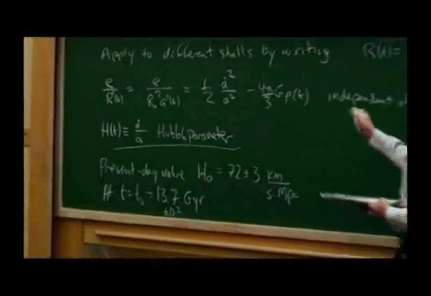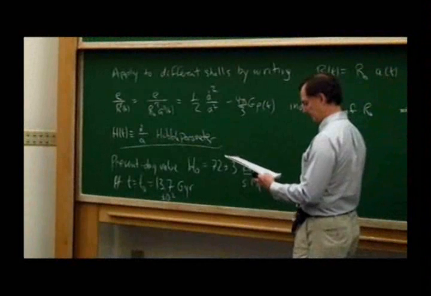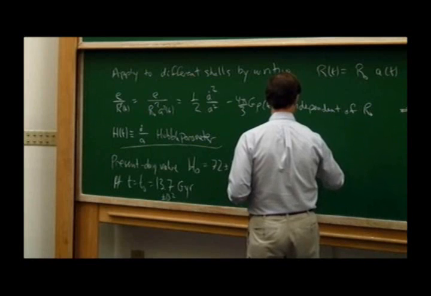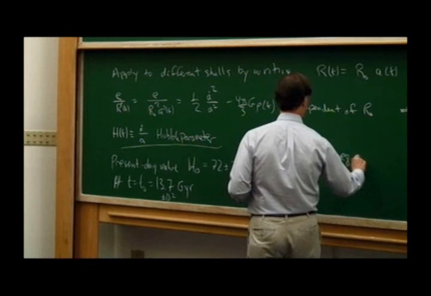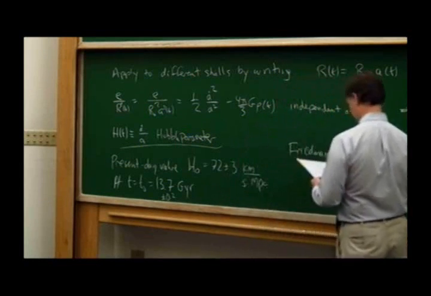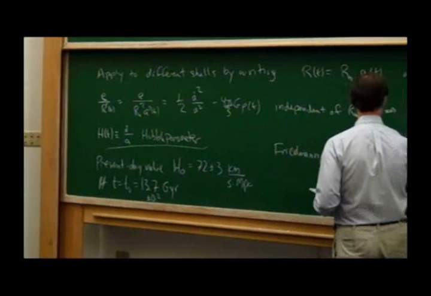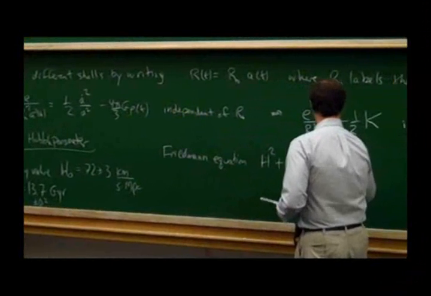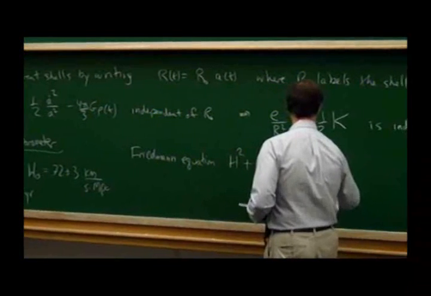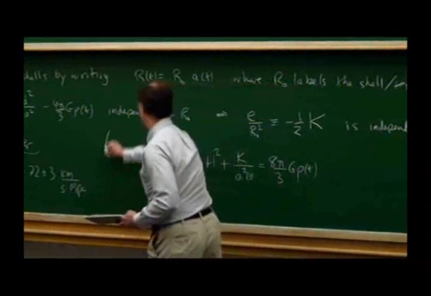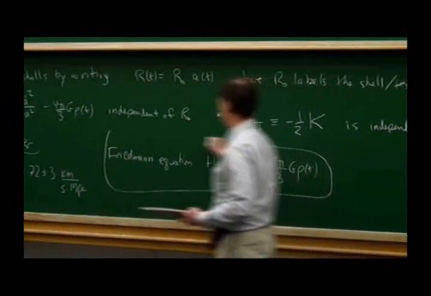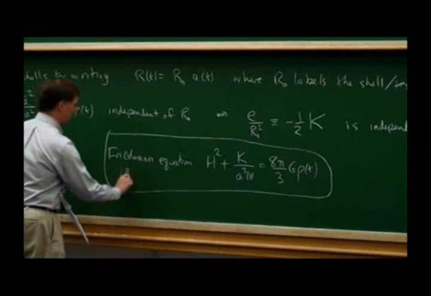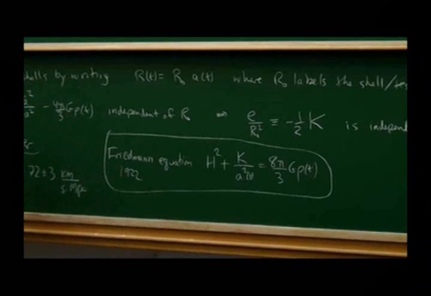So I want to just rewrite this equation into a very famous form called the Friedmann equation. Because it was deduced by Alexander Friedmann in 1922 from the Einstein field equations.